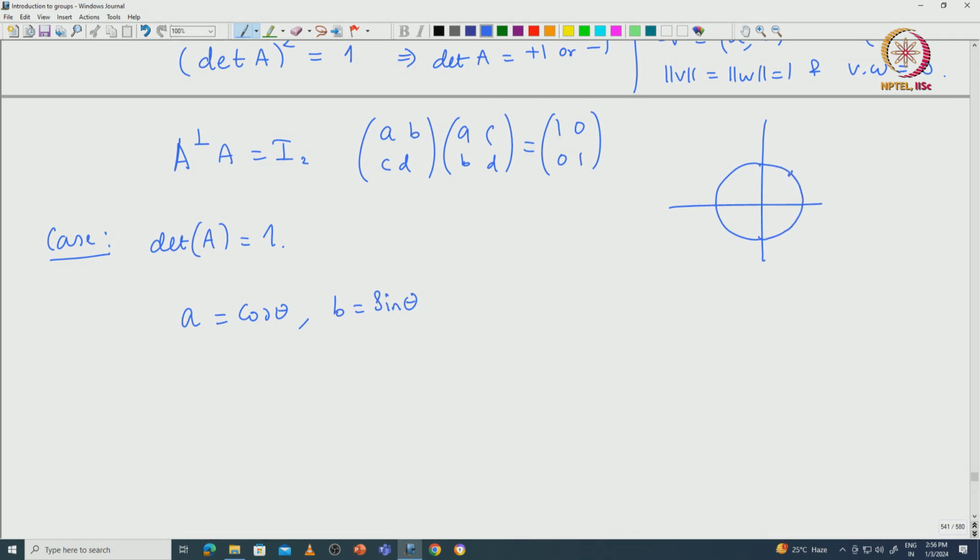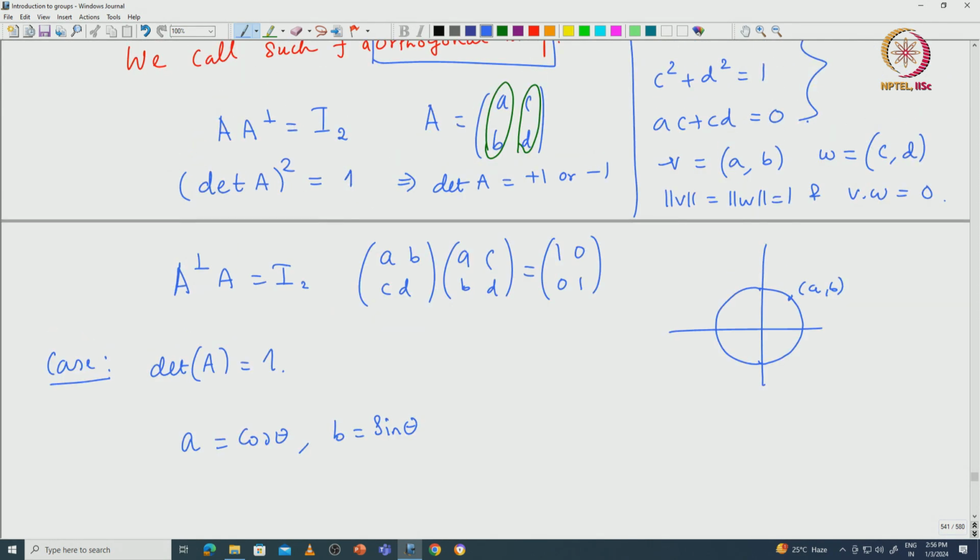So this (a, b) will be somewhere here. Now if you take this (c, d), it is going to be a perpendicular vector, somewhat perpendicular to this (a, b). So this is going to be (c, d) here.